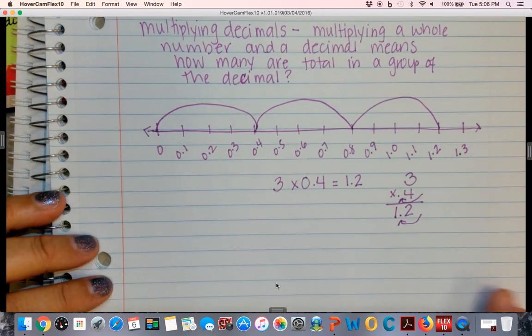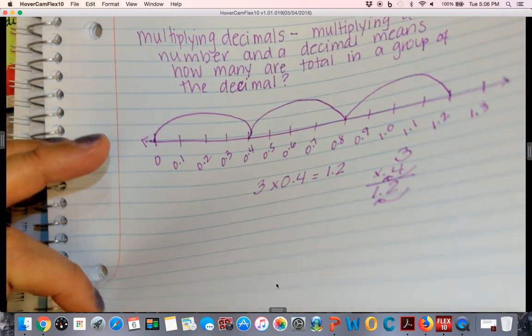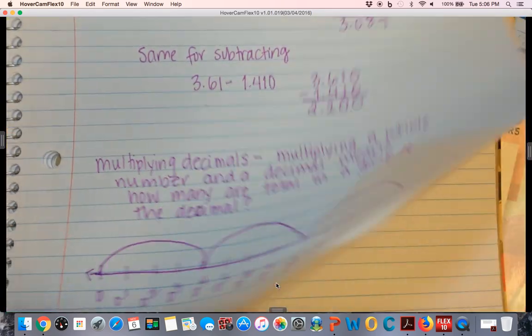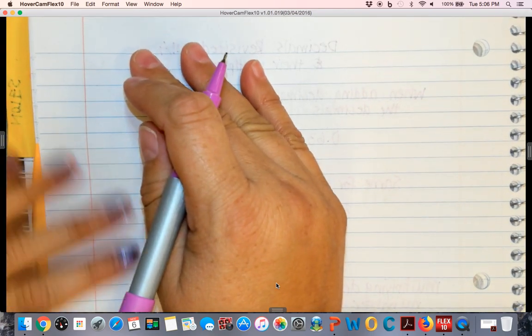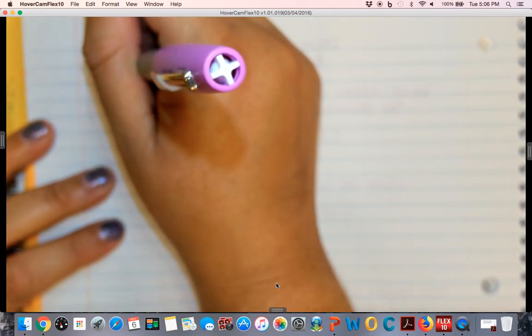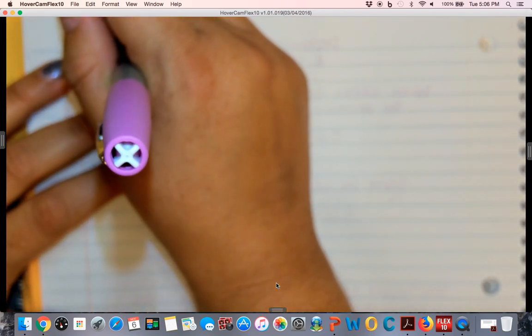All right, I gotta flip my page. I know lots of you still have plenty of room. Okay, I'm going to show you some things that are going to make the tricks easier for us. So, let me do some explanations.